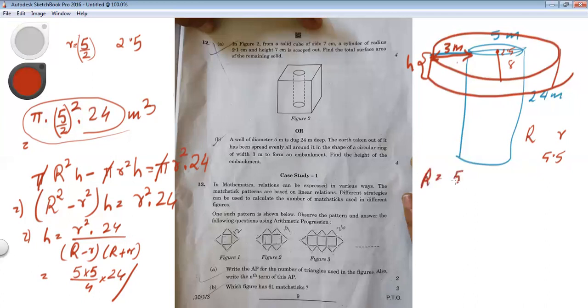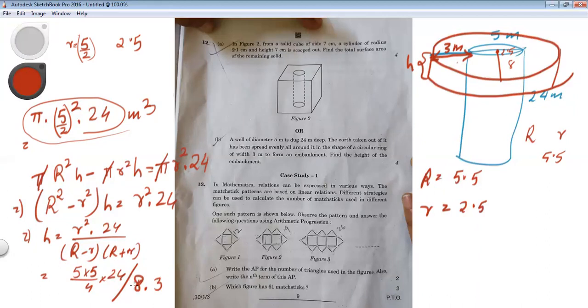Capital R you got 5.5, small r you got 2.5. So 5.5 plus 2.5 is 8, and 5.5 minus 2.5 is 3.